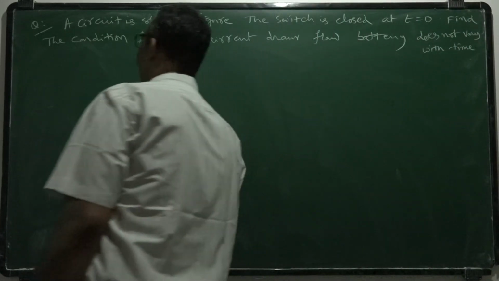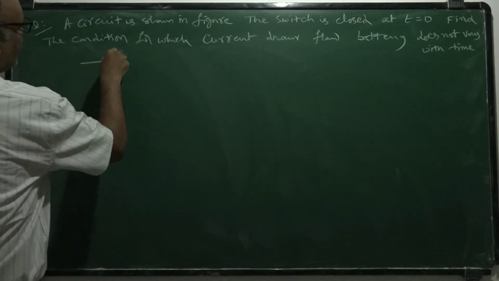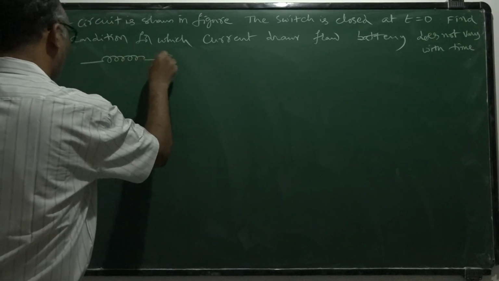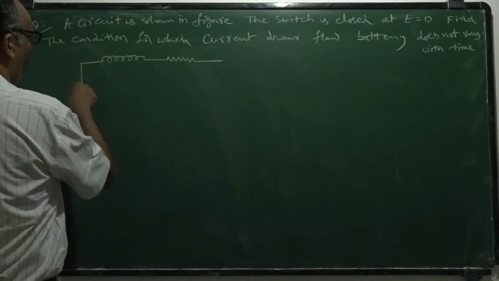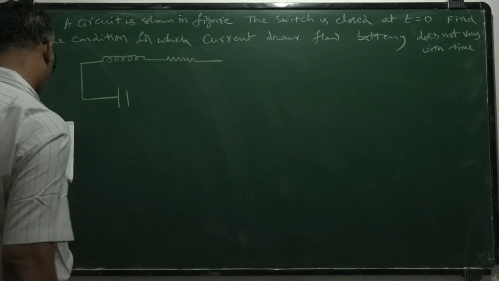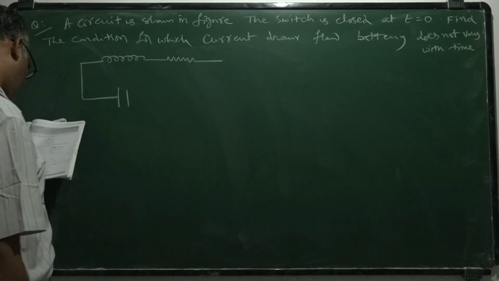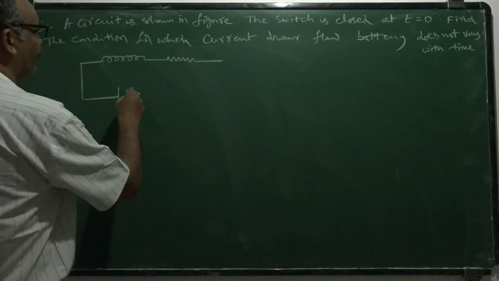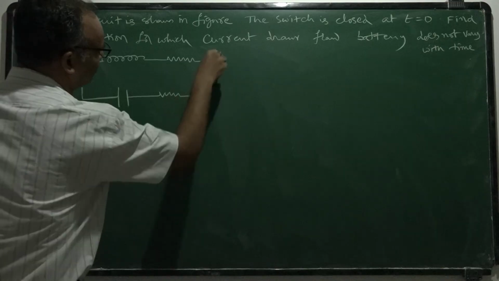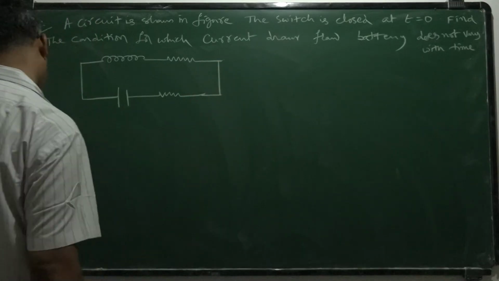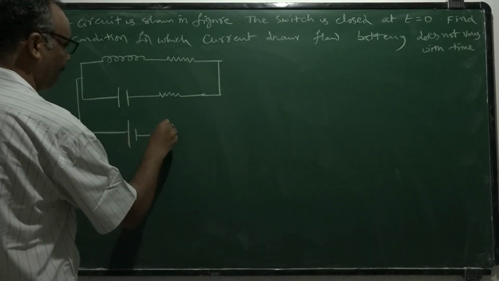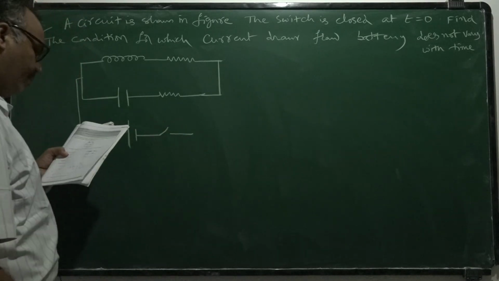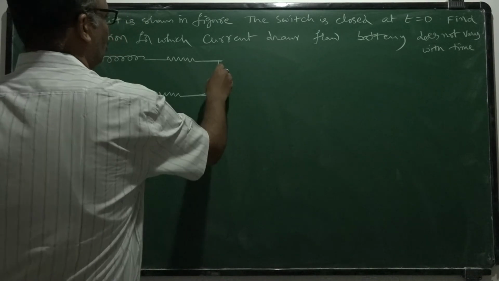The circuit diagram is like this. This is the inductor, this is the resistor, here is a capacitor provided with one more resistor, attached to a cell and a key as shown here.